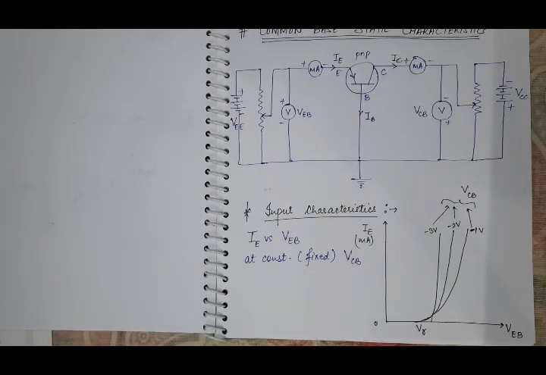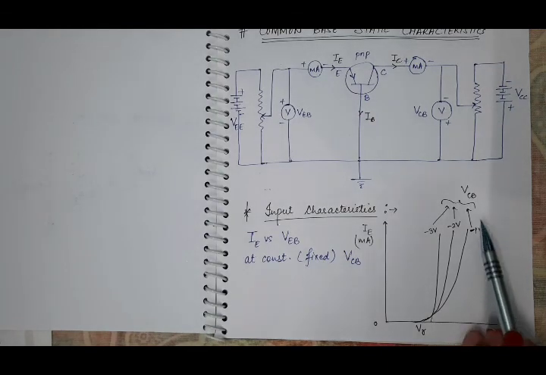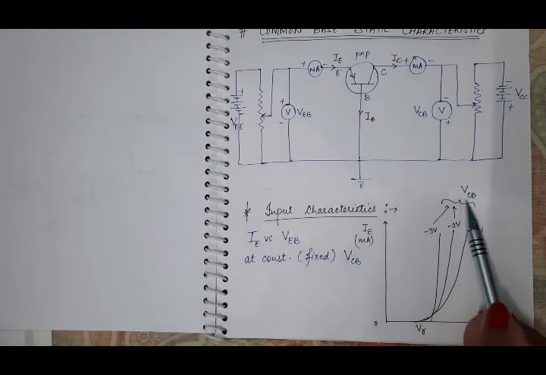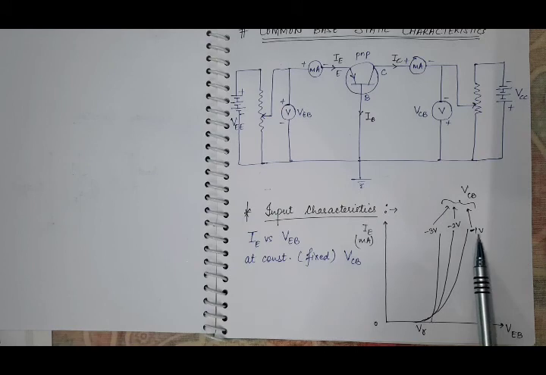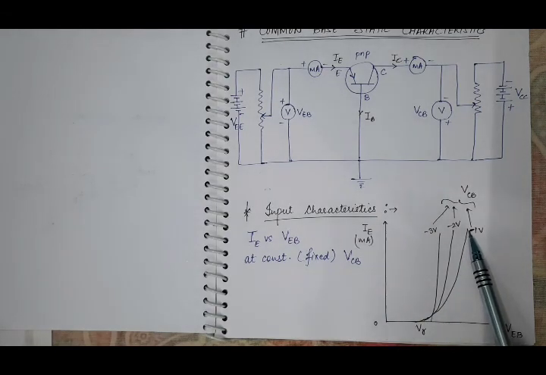And because of this early effect, what happens? Emitter current starts rising rapidly. So you can see, as we have increased this VCB from -1 to -2 and from -2 to -3, here emitter current is rising but quite slowly.